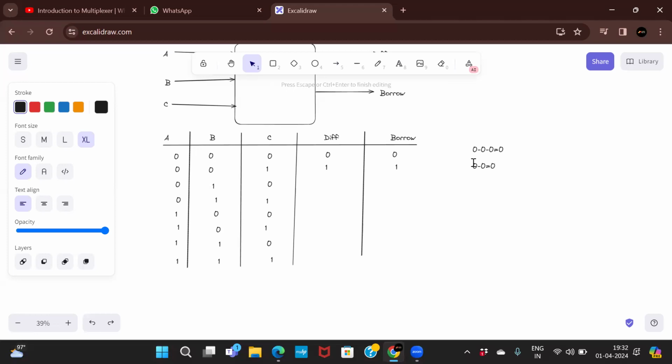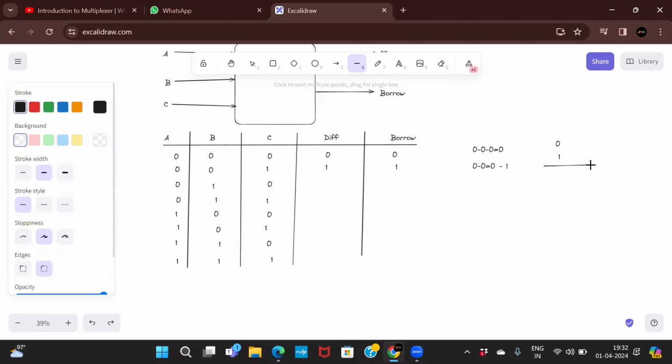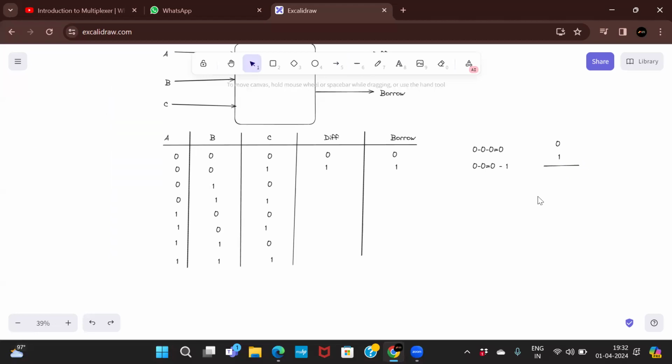Again, 0 minus 1. Can we do that? Can we take 1 from 0?